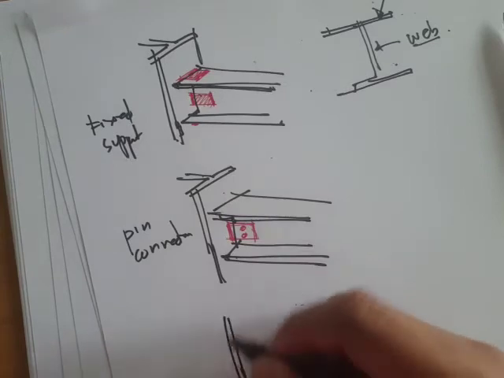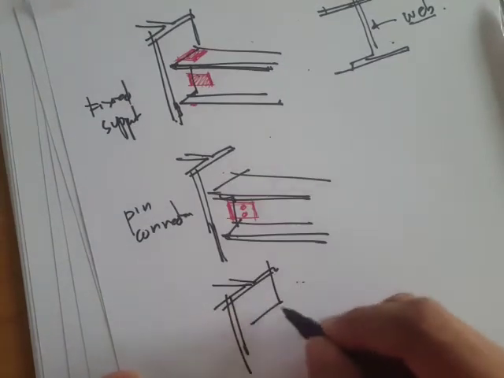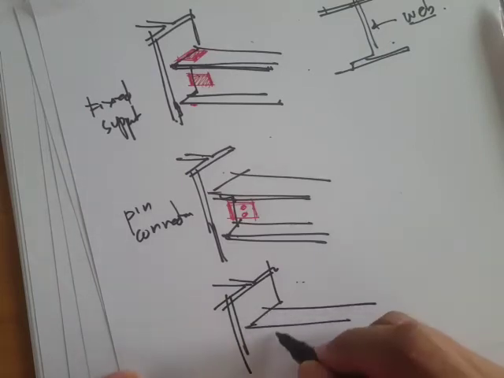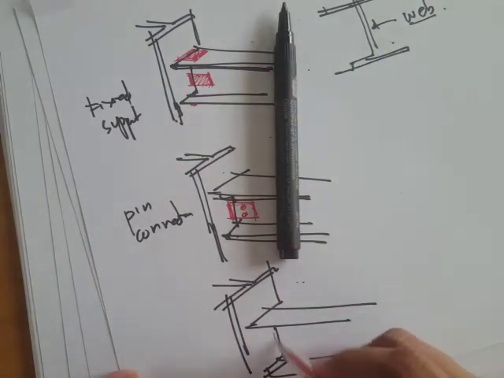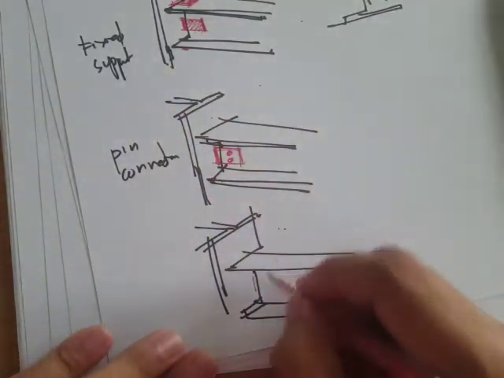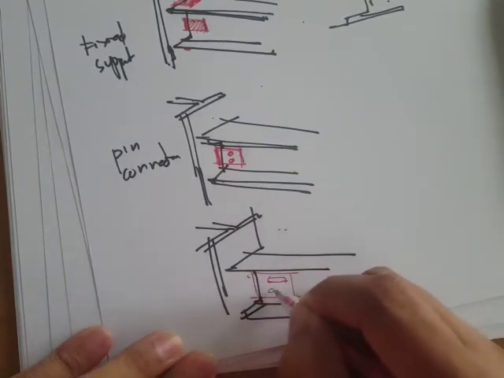Okay, so for the roller support, what if instead of these bolted plates you have something like a slot? Okay, so you have something like this.